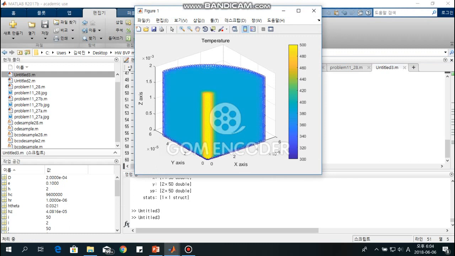For more information on the code, I put the FDT method.